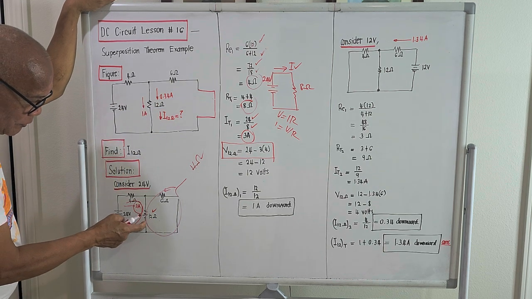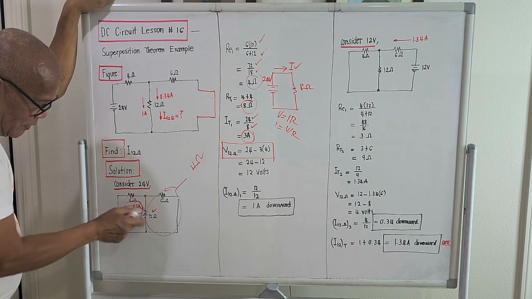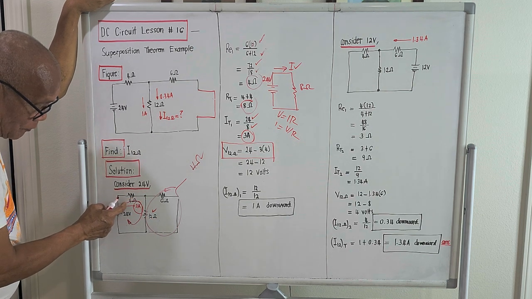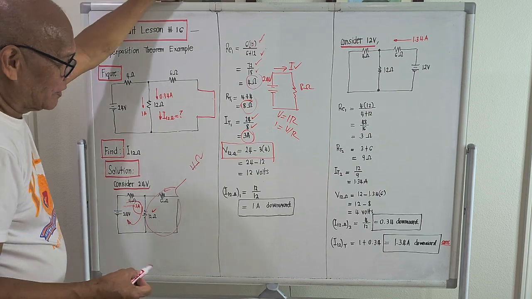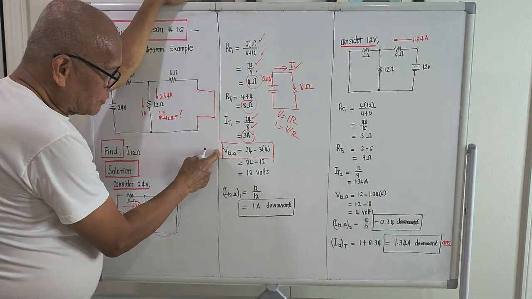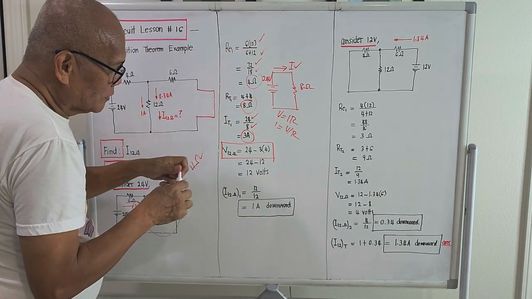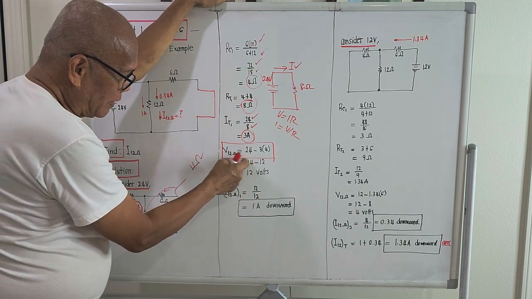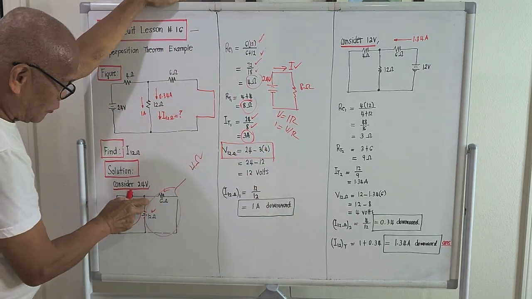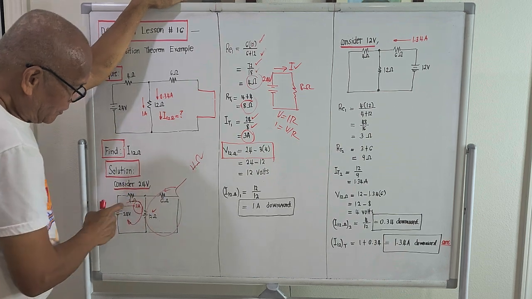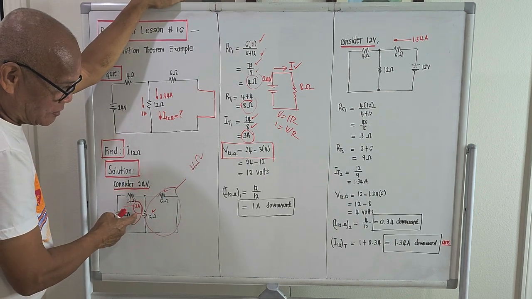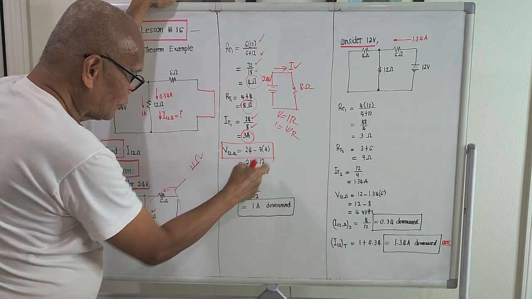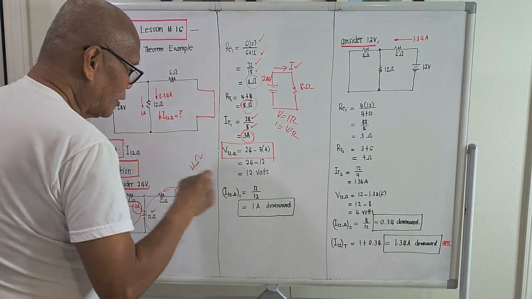Or if we compute the voltage across this, it should be 24 minus the voltage drop on the 4 ohm load. Voltage across the 12 ohm load will be equal to the total applied voltage minus the voltage drop on the 4 ohm load. The total current passing through this is 3 amperes. So this will be the difference of 24 minus 12, and what will come out will be 12 volts.